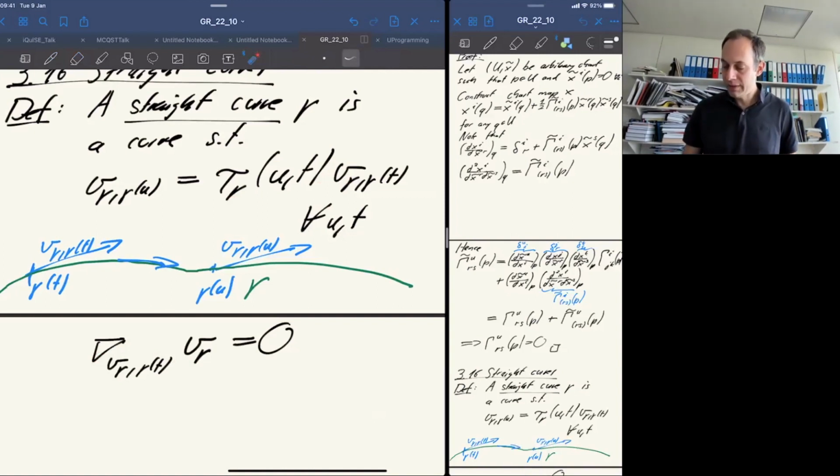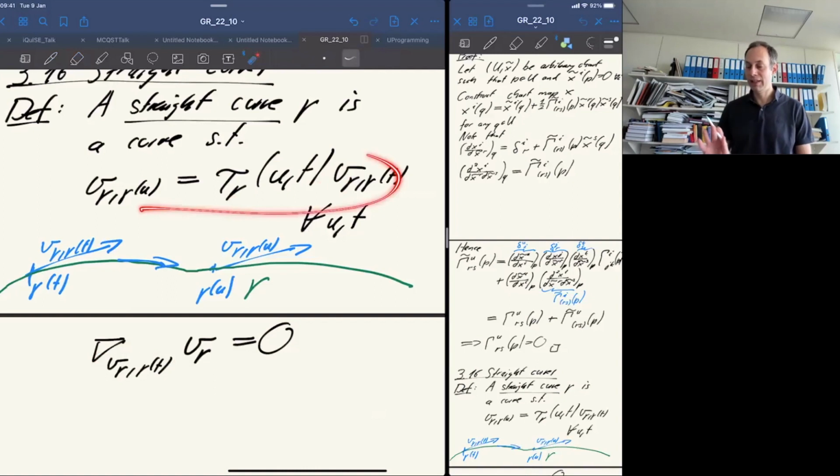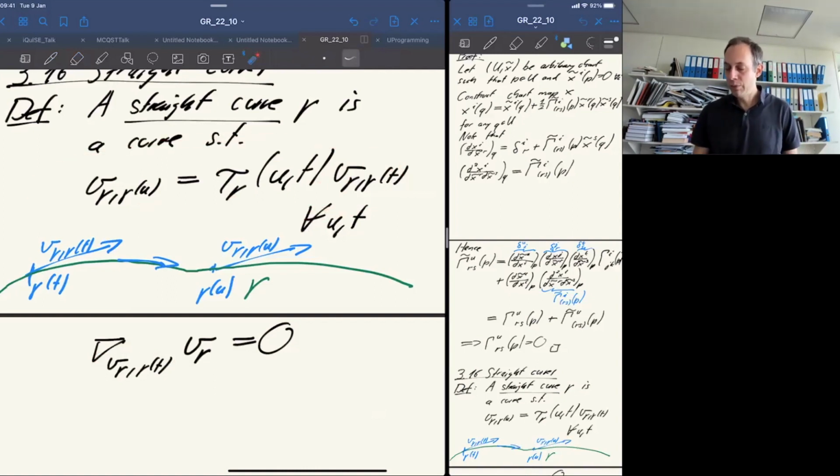And so this thing actually is not completely well defined. Here, you would in principle have to extend the vector field, which is on the curve. I mean, this vector field is only defined on the curve because it's the direction vector of the curve. And a little bit next to the curve, there is no direction vector of the curve. But the covariant derivative really acts on a vector field.